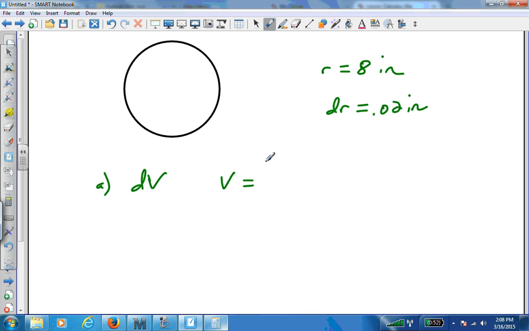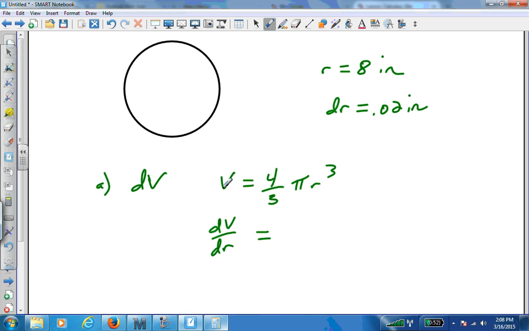So volume of a sphere is 4/3 times pi r cubed. So if we take the derivative of both sides, since our variable is r, let's just take it with respect to r.